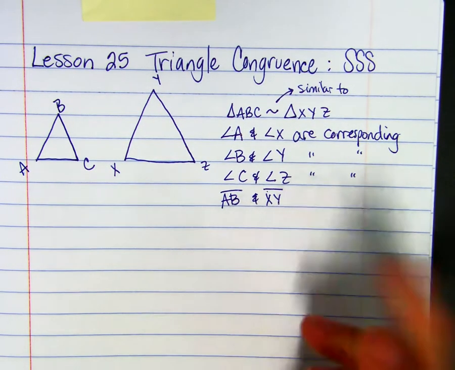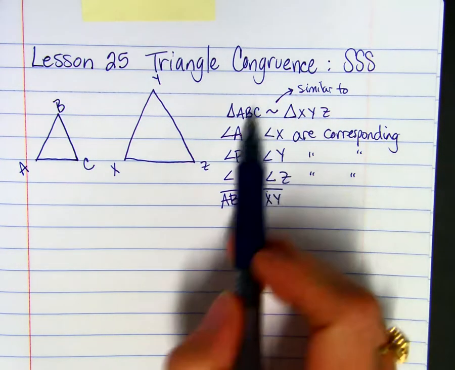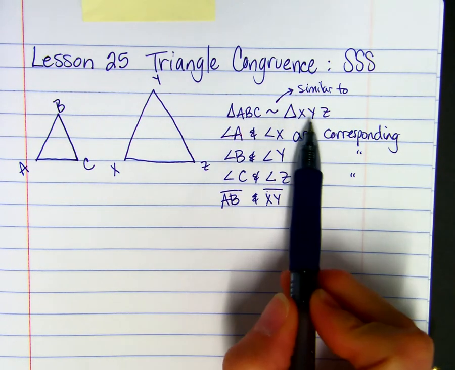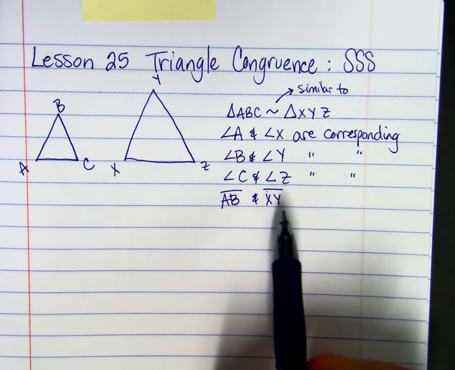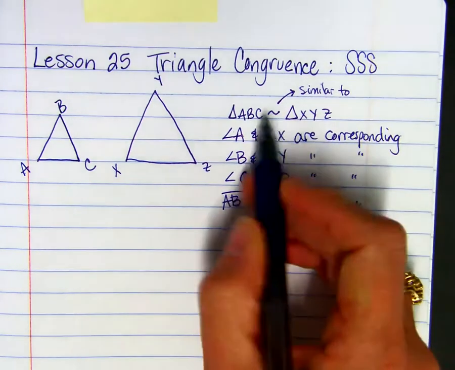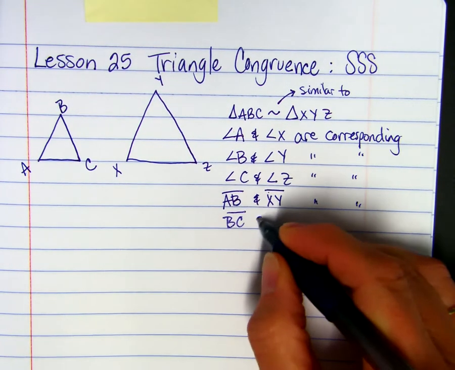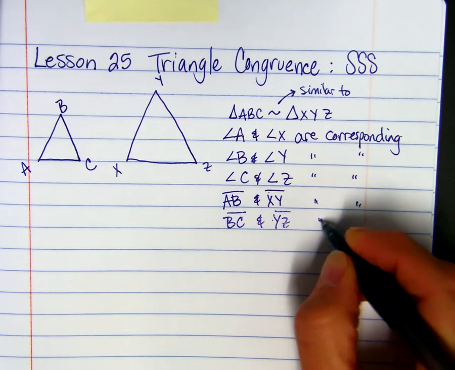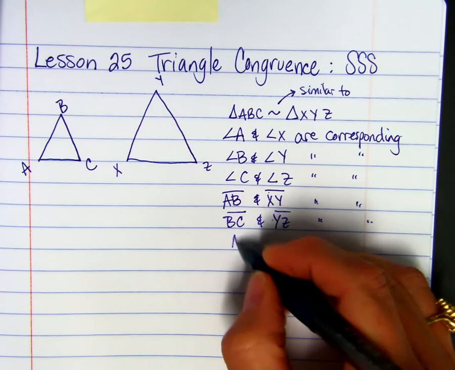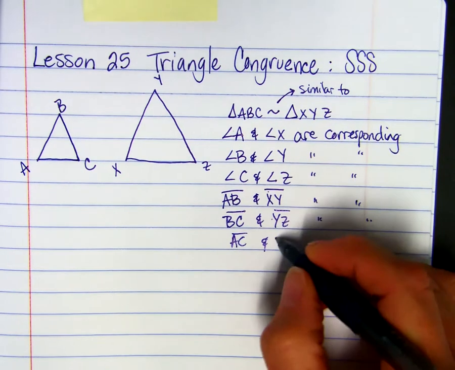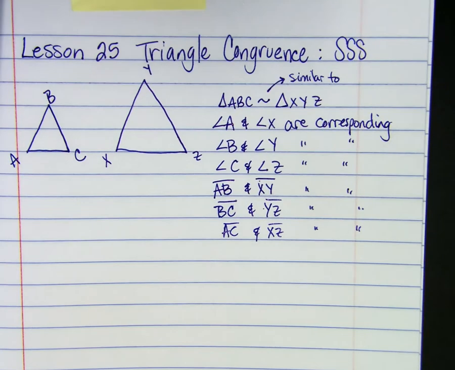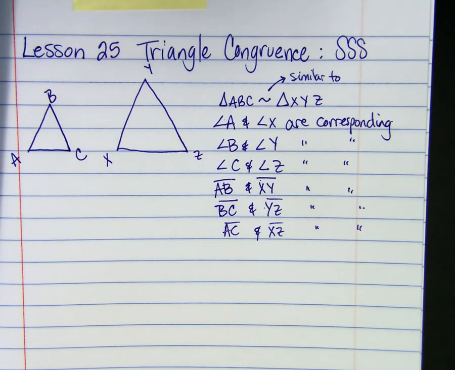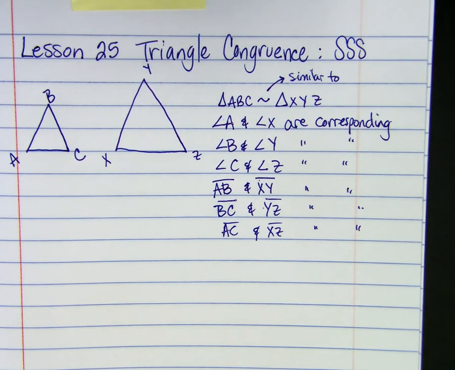And for the sides, the order of the letters is the same. The first two letters are a side that corresponds to the first two letters, that side in the other triangle. So side BC will correspond to YZ, and the first and the last, AC, the third one, will correspond to XZ. So you couldn't go ABYX. No. The order matters when you're naming how they're corresponding.